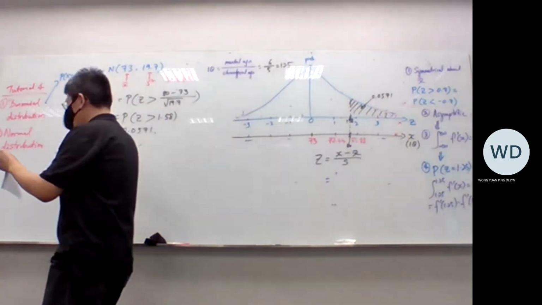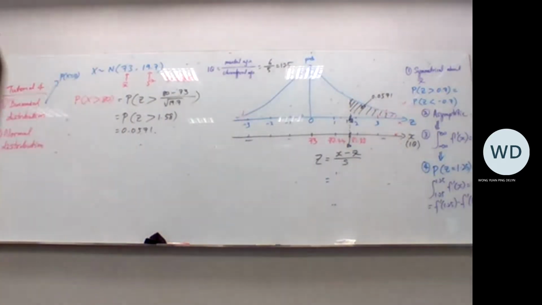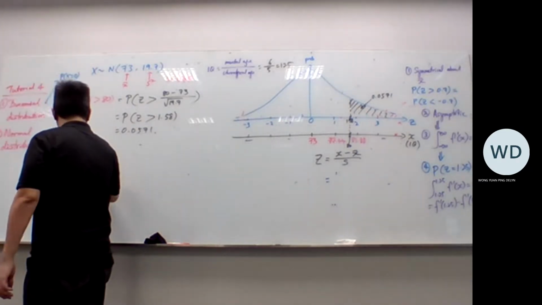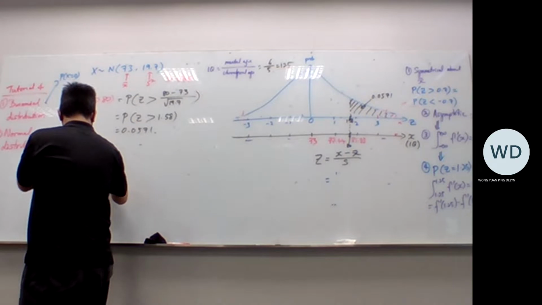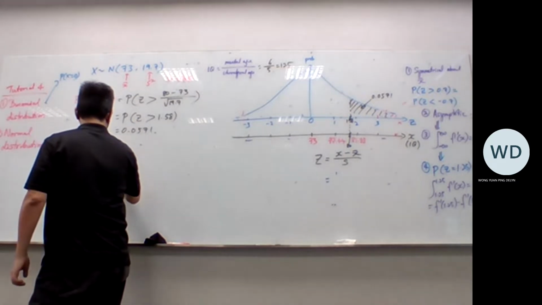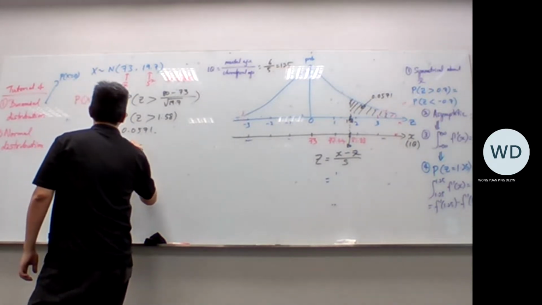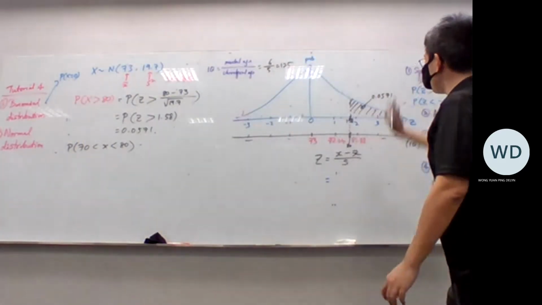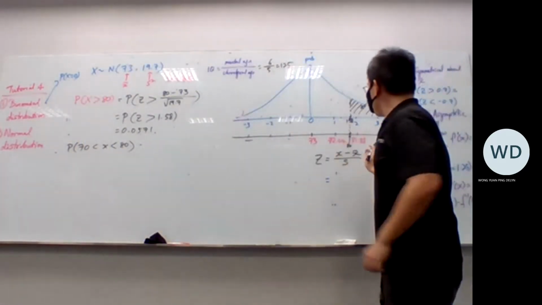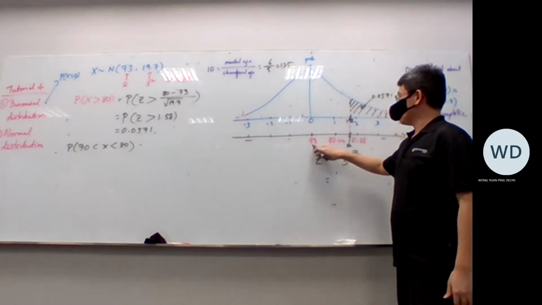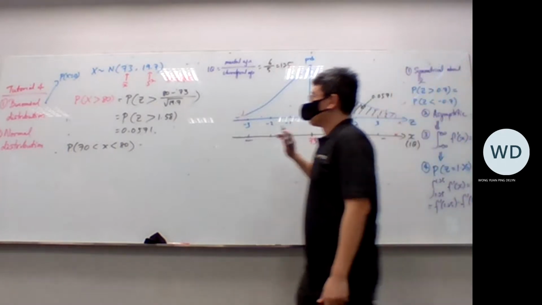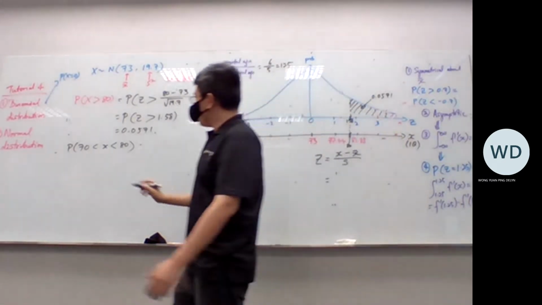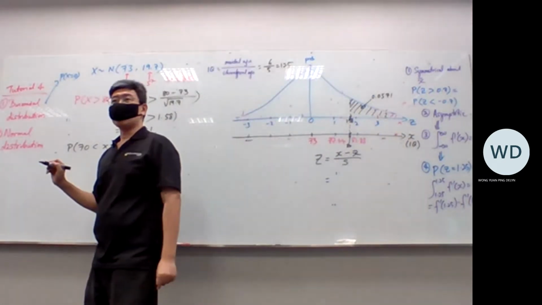Then the next question asks you for the probability of 70 to 80. Next, we do the reverse. Let's do the reverse first.